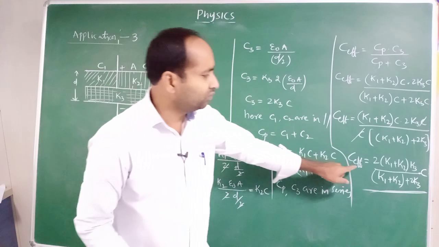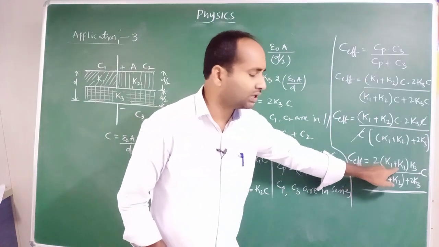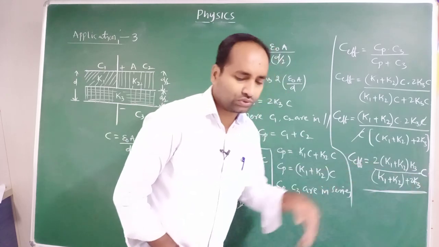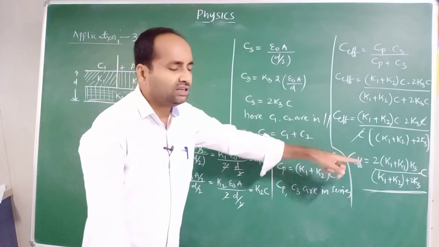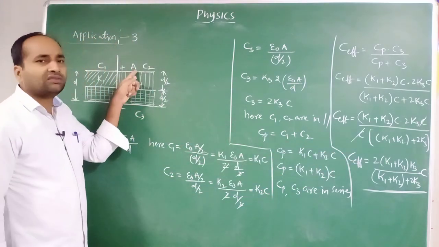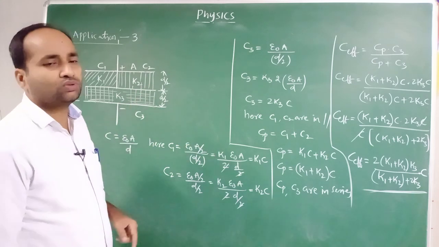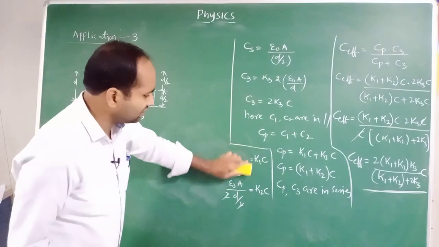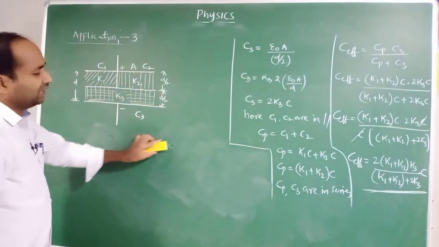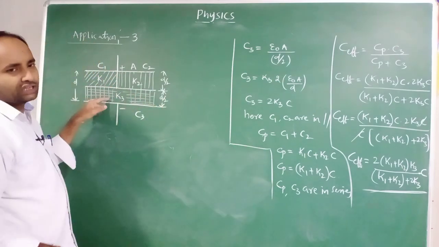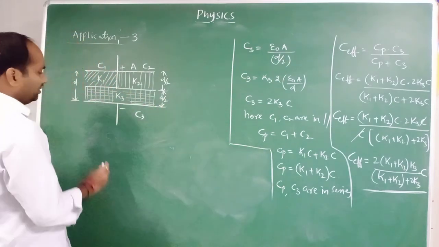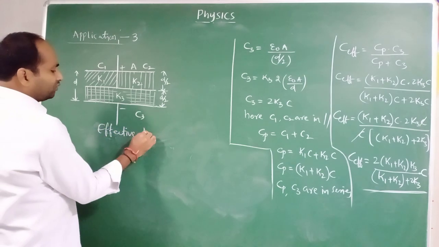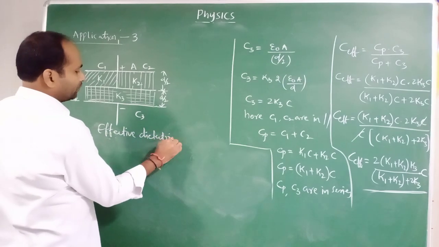Okay. Effective capacitance is 2 of K1 plus K2 into K3 by K1 plus K2 plus 2K3 into C, where C is the capacitance of the parallel plate capacitor before introducing the dielectric. Now from this equation, what is the effective dielectric constant, if three dielectrics are inserted between the plates of the capacitor as shown in the figure?